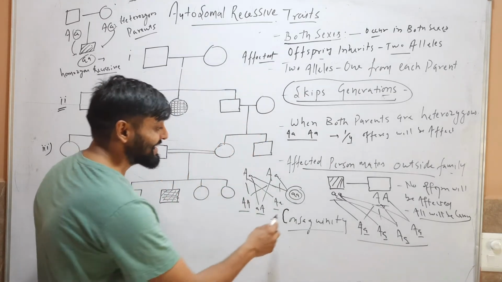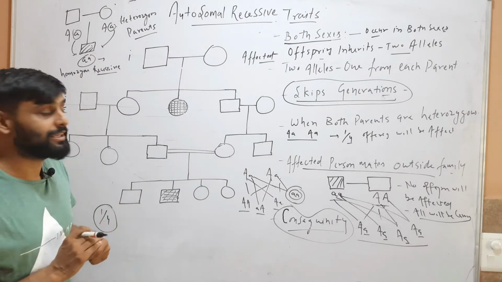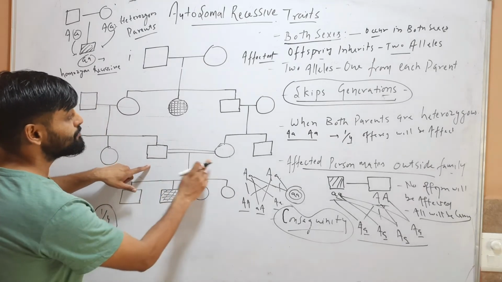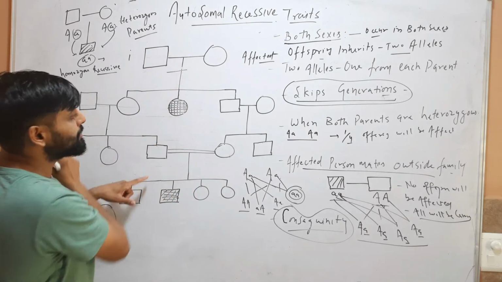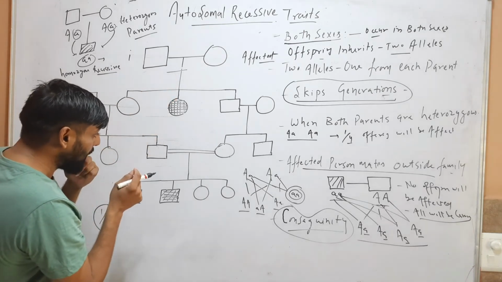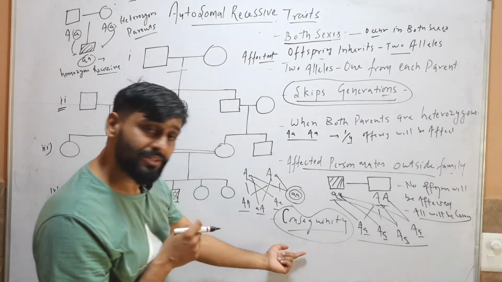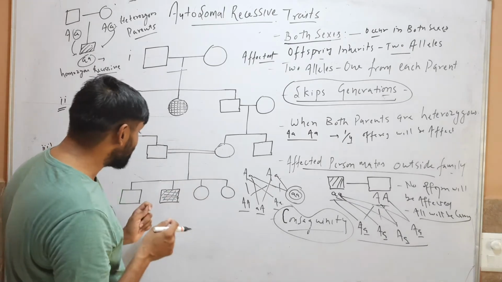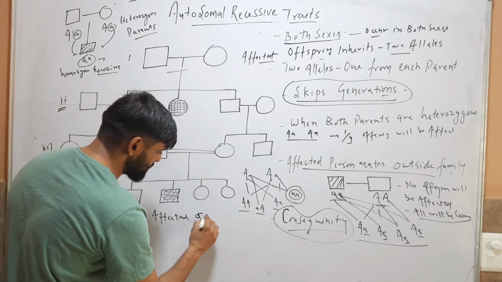And the last one is consanguinity, meaning when a person mates within the family or with a related person. Here you can see that this male is mating with this female and both are related because both have common forefathers. Both have common grandparents. This type of mating is called consanguinity. In case of consanguinity, there is a greater chance that they will have affected offspring.